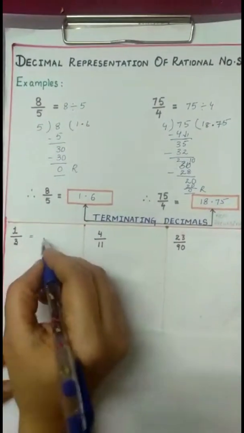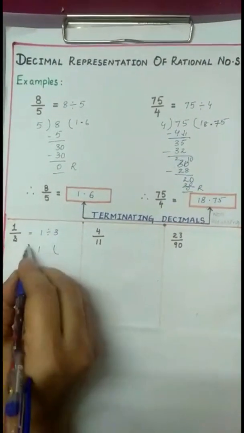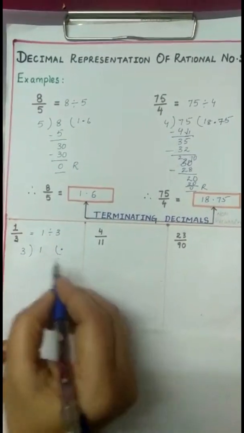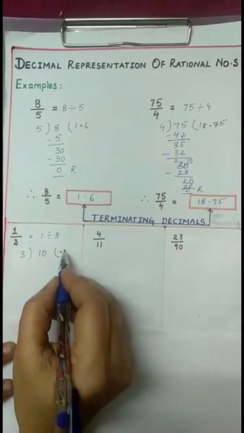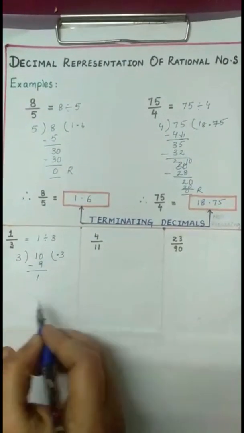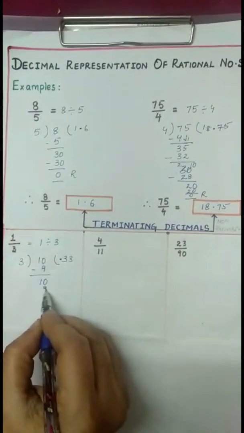1 by 3 means 1 divided by 3. Let us divide. As 1 is not divisible by 3, place the decimal over here and write 0. 3 threes are 9. 10 minus 9 is 1. Already we have the decimal over here, so write 0 and divide. 3 threes are 9.